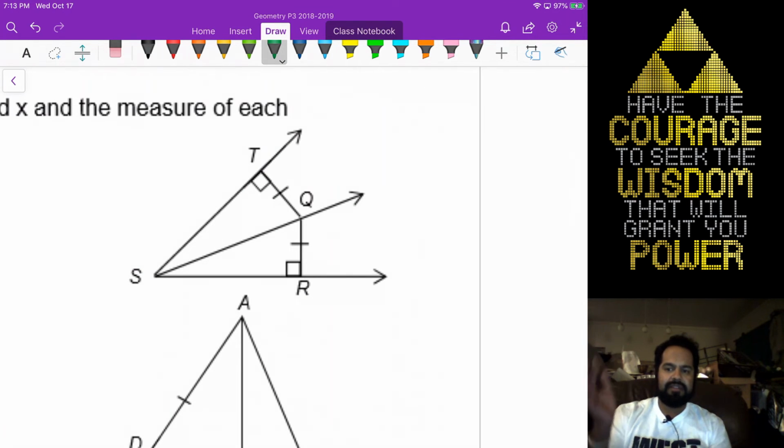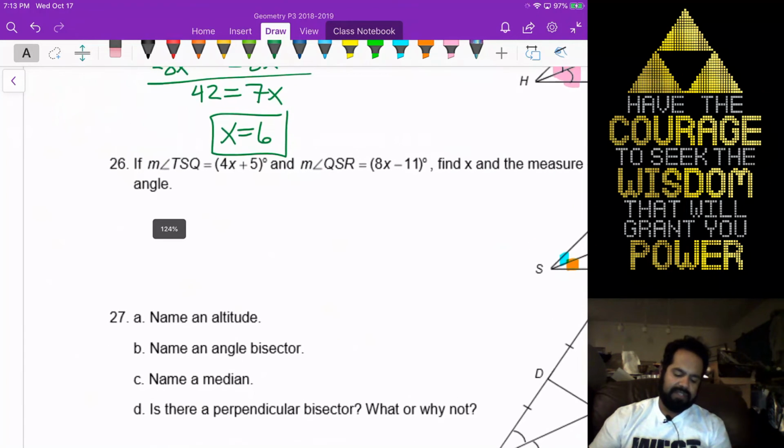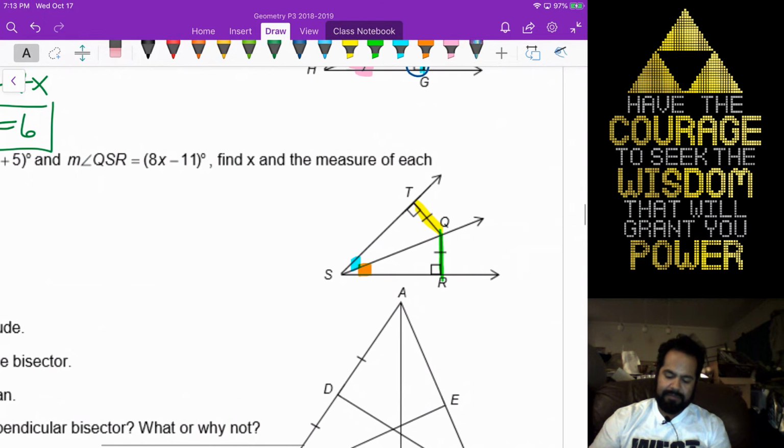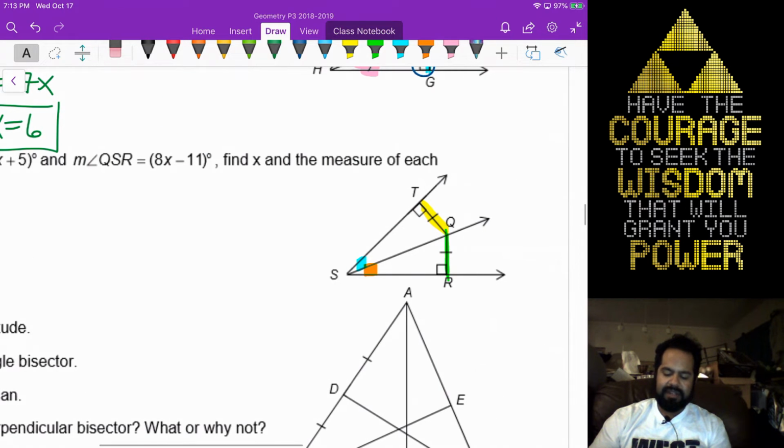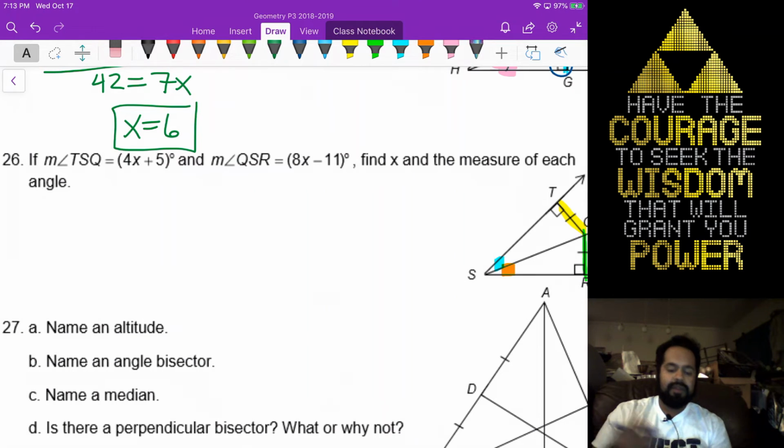Since those segments are congruent, since this line equals this line, and we have those right angles, that therefore means that this angle here is congruent to that angle there. So let's see here, TSQ, that's talking about the top one, QSR is talking about the bottom one, so we're going to say they equal each other.